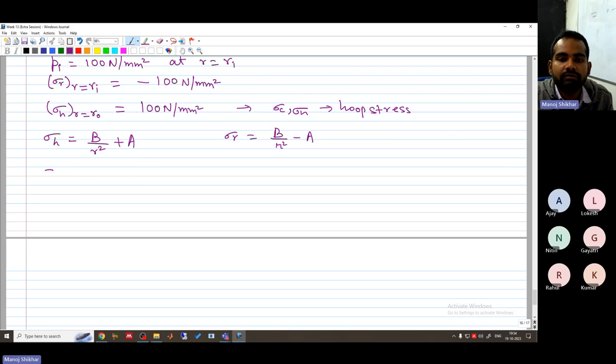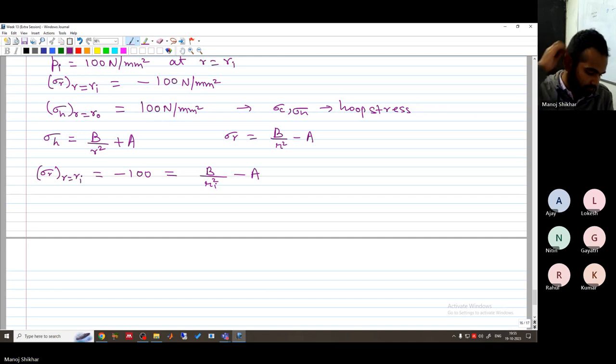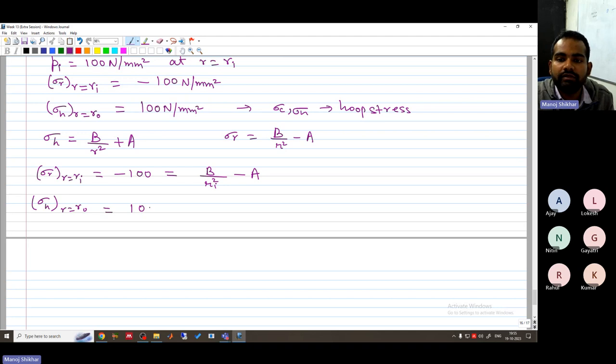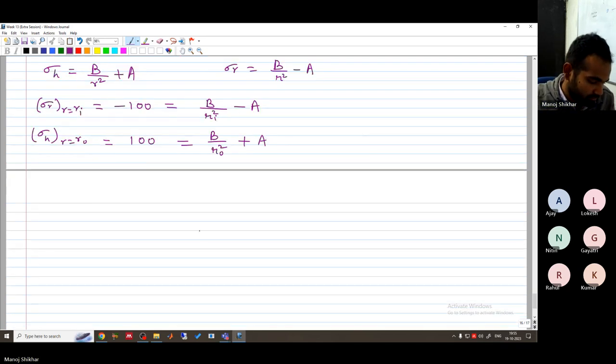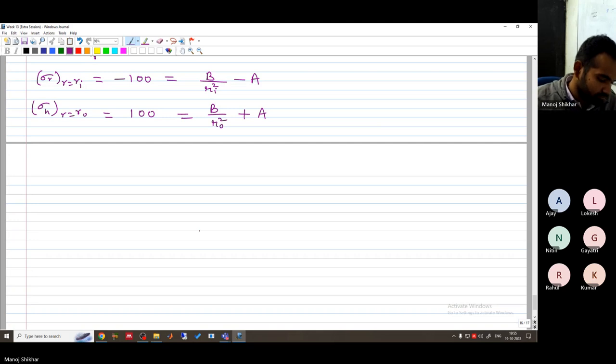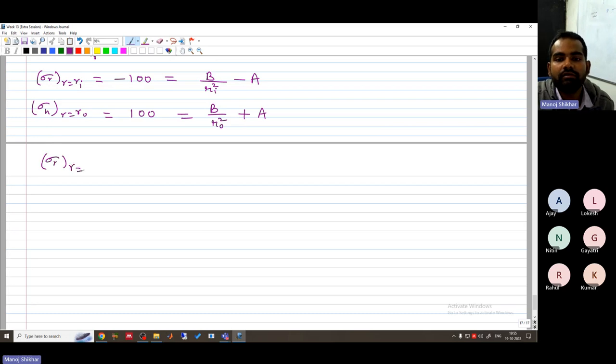First, sigma r at r equal to Ri equal to minus 100 equals B upon Ri square minus A. Then sigma h at r equal to Ro equal to 100, B by Ro square plus A. Sigma r at r equal to Ro is B by Ro square minus A.